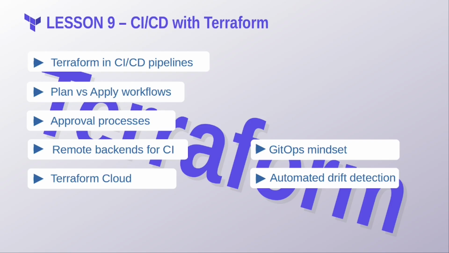Because automation without control is dangerous, and infrastructure mistakes are expensive. In this lesson, we will use Terraform as our main tool, and I'll show you how real teams use Terraform inside CI/CD pipelines. Let's start with the basics.